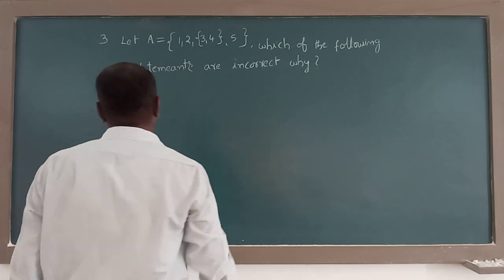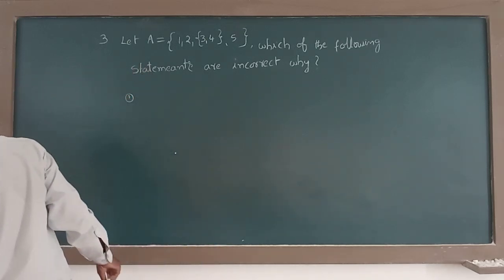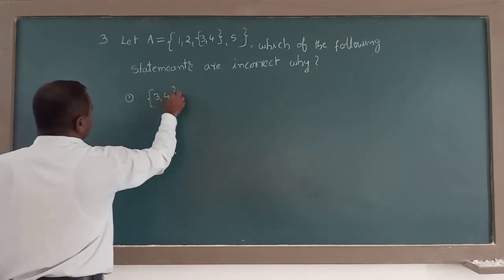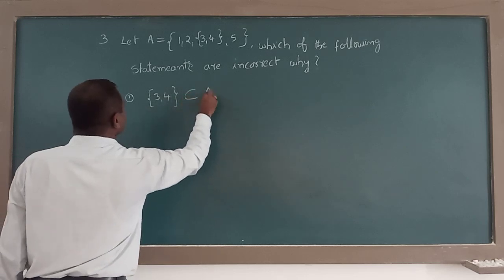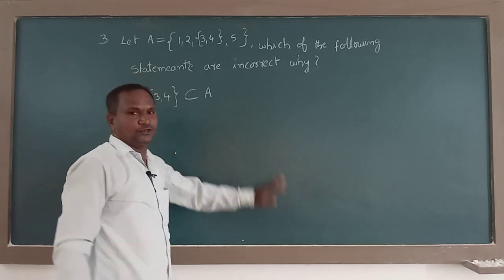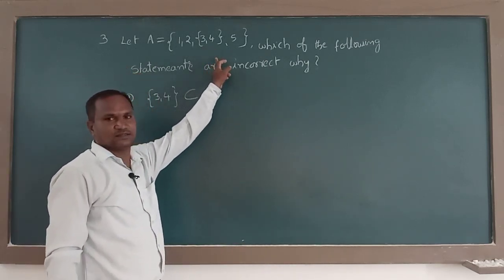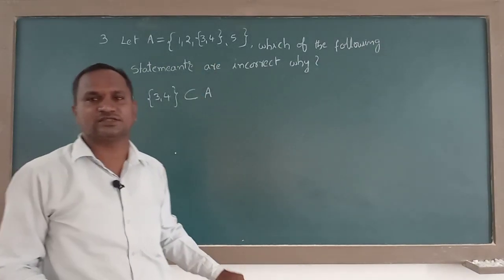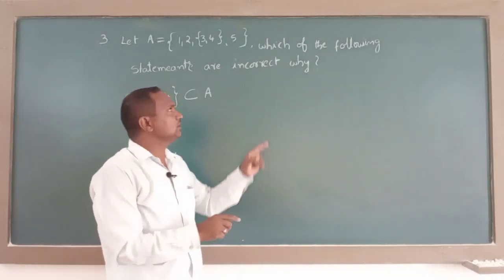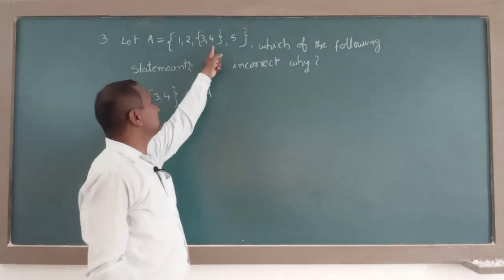See, first question, first statement: the set of the elements 3, 4 is a subset of A. Already I told in last class, here {3, 4} is an element. For an element of a set, the belongs symbol must and should be there.